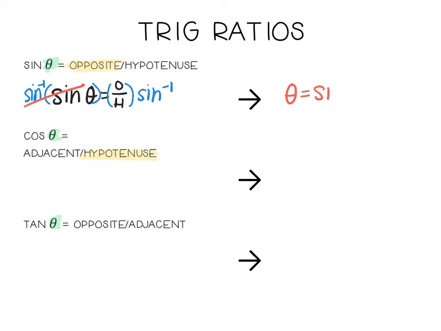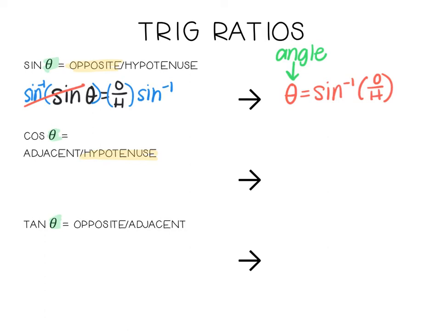On the other side, we have the inverse sine, or arc sine, of opposite over hypotenuse, and when we put that into the calculator, that will give us our theta, or our angle. It's important to remember that theta represents the angle.